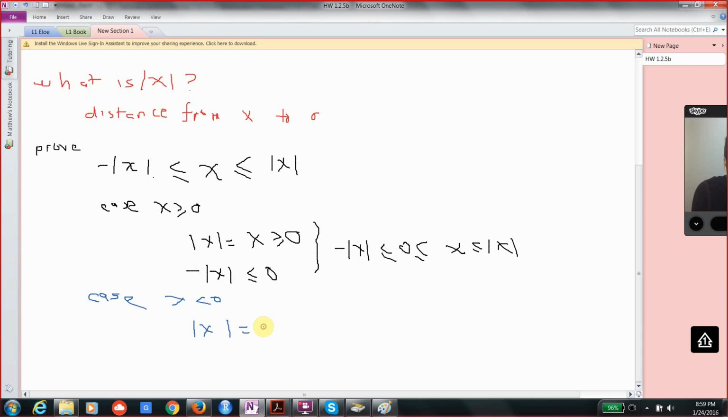With x less than 0, it is equal to negative x, right? Yes. And we also know that x is less than 0, right?